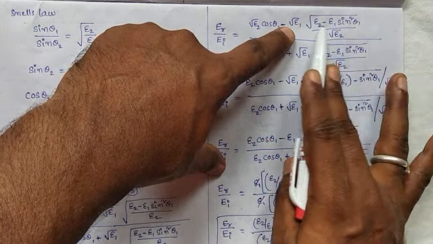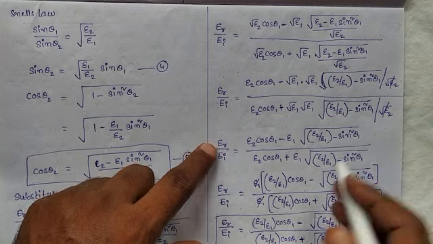Here this root epsilon 2 is multiplied with this root epsilon 2, so root epsilon 2 into root epsilon 2 is epsilon 2 cos theta 1 plus root epsilon 1. In this numerator we are taking root epsilon 1 common. In the root we are observing epsilon 2 by epsilon 1 minus sin square theta 1, by root epsilon 2. Root epsilon 2 and root epsilon 2 get cancelled here.